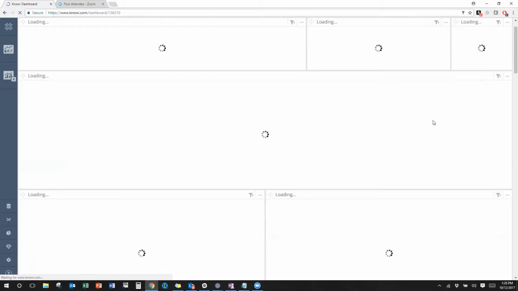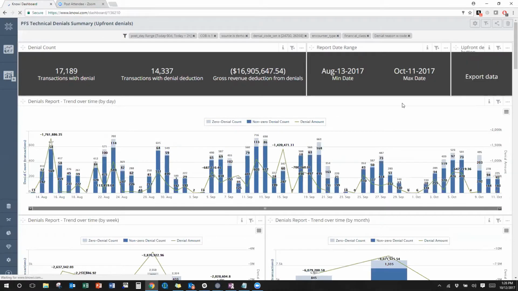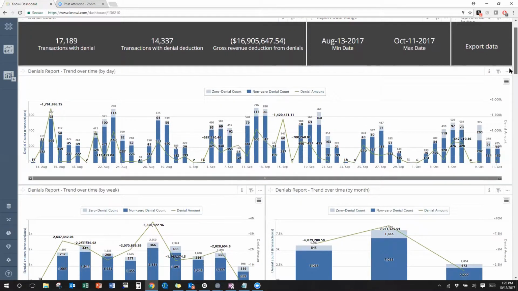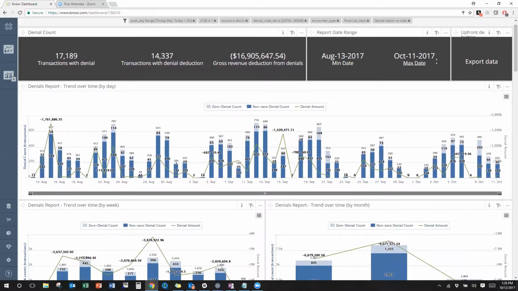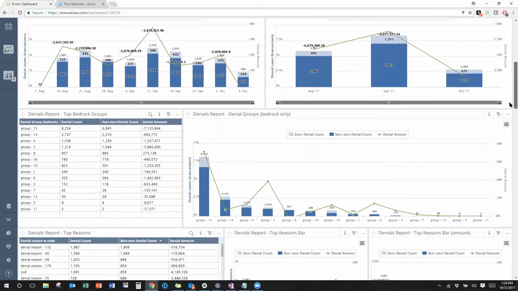Keep in mind that this is data that has been manipulated to not be real, pretty much dummy data. Jumping into it, this is the home screen, and you can see some high-level statistics and time series data on the volume and transactions in the denials for the past 90 days.